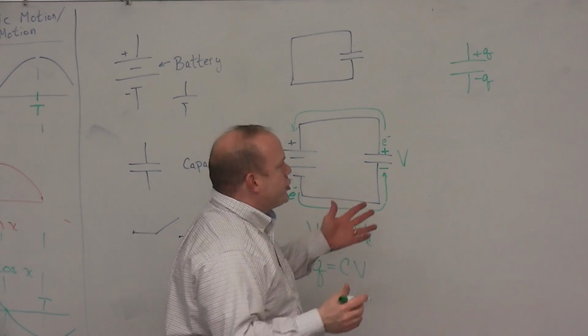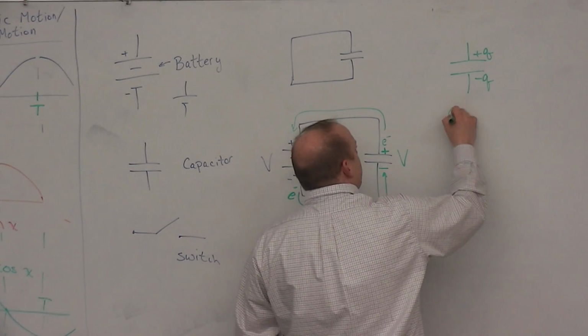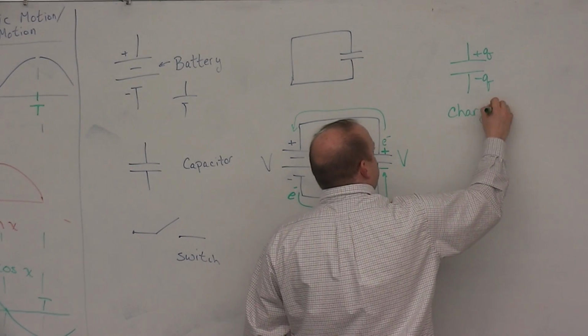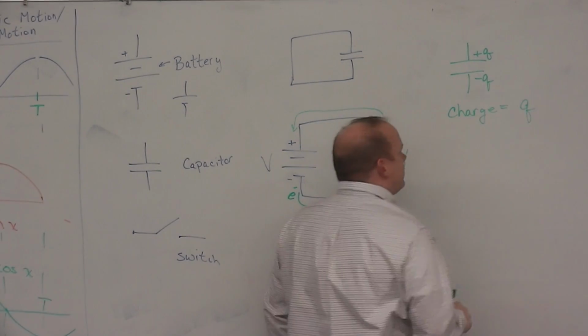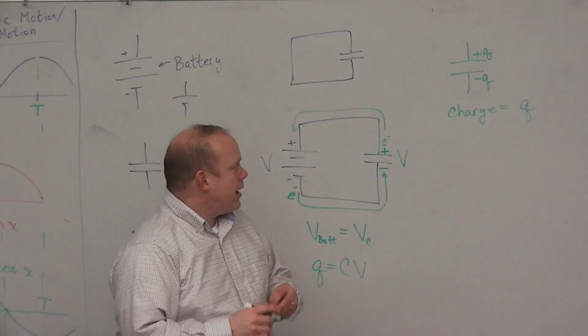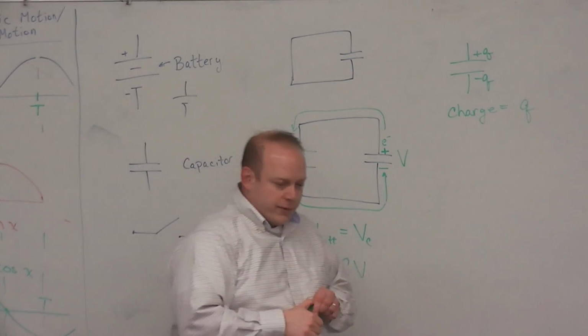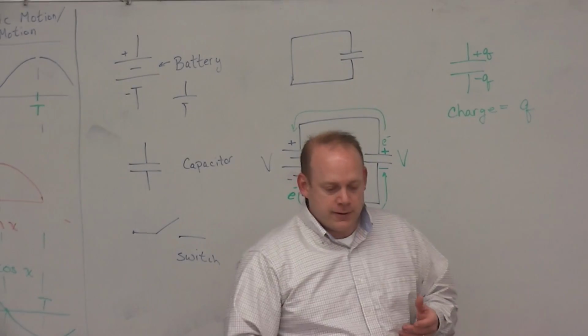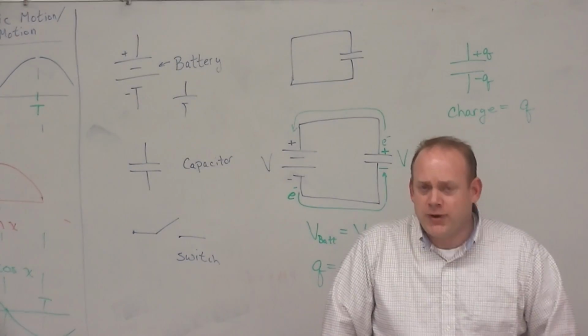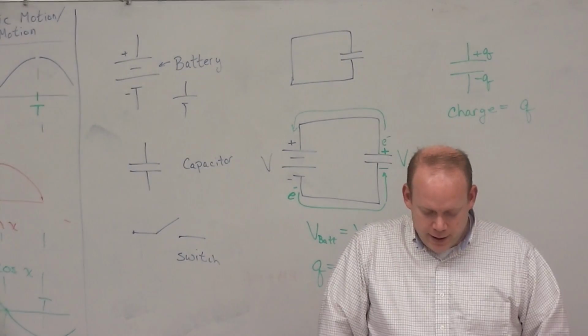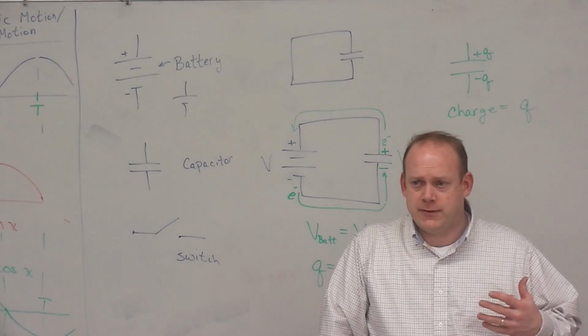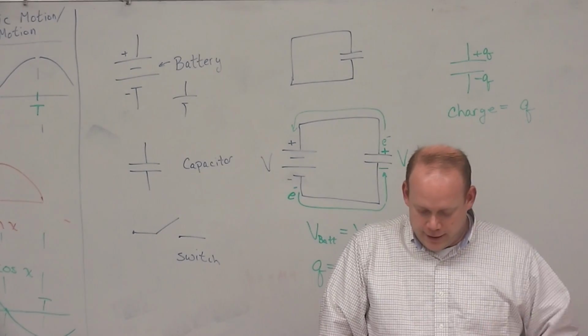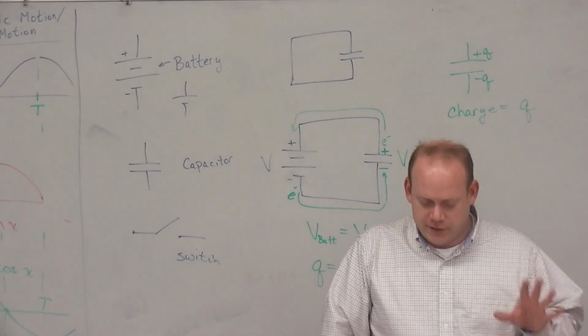When we describe the charge on the capacitor, we say that the charge is just equal to Q, not worrying about the fact that one is positive and one is negative, and they are equal and opposite. We don't call it 2Q or anything fancy like that. We just say that it's Q.